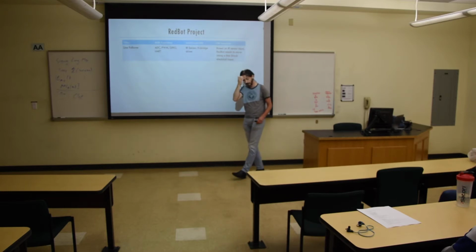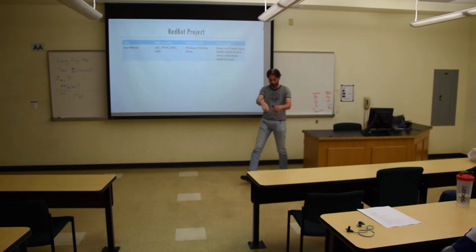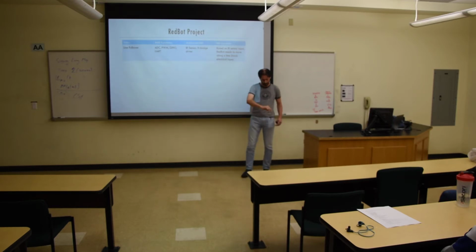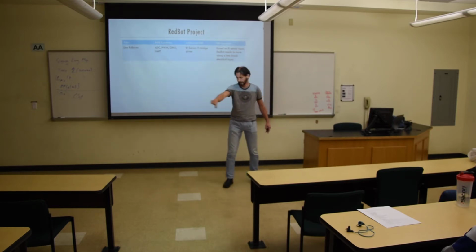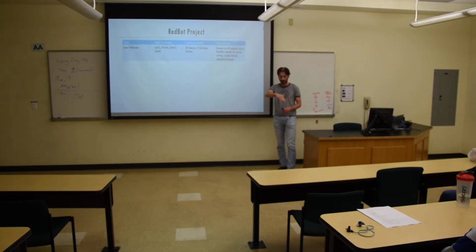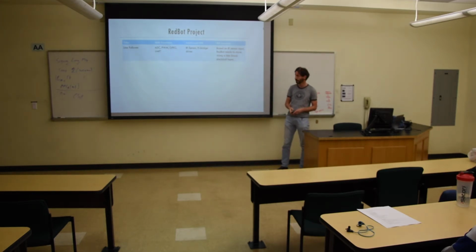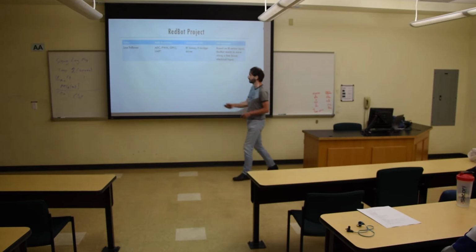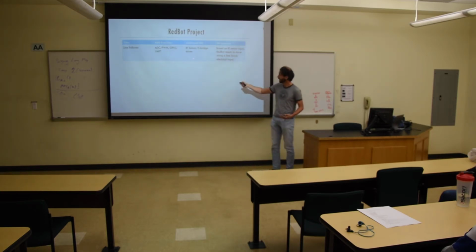So the idea is that we will have a board with just black tape, something like this, going around in a sort of circular shape, and you need to follow this. So you will build a line follower. So what do you have at your disposal?